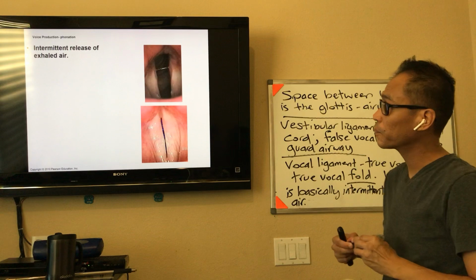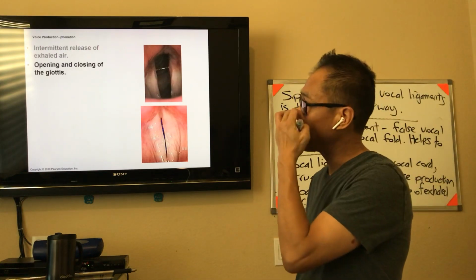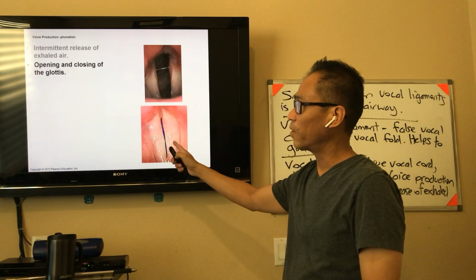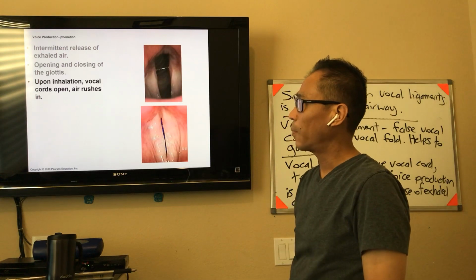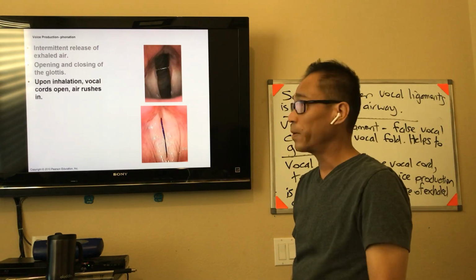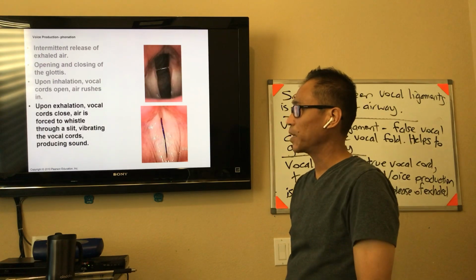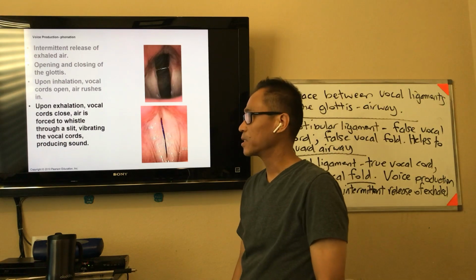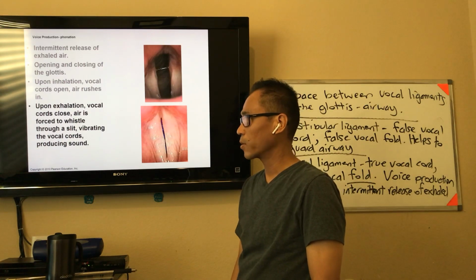When you open and close the glottis, open, breathe in, but voice production is when you breathe out. Upon inhalation, vocal cords are open and the air rushes in, and upon exhalation, the vocal cords close and the air is forced to whistle through a slit, vibrating the vocal cords, producing sound.